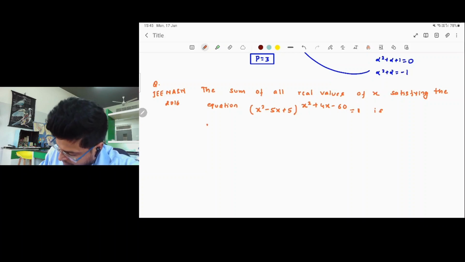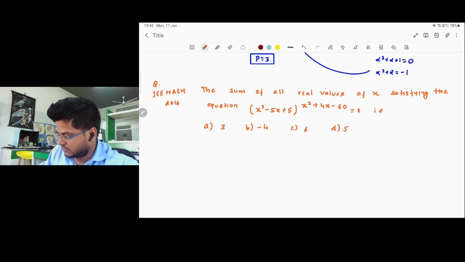Your options are, the first option is 3, second option is minus 4, third option is 6, and fourth option is 5.